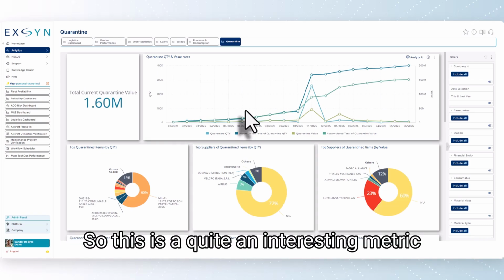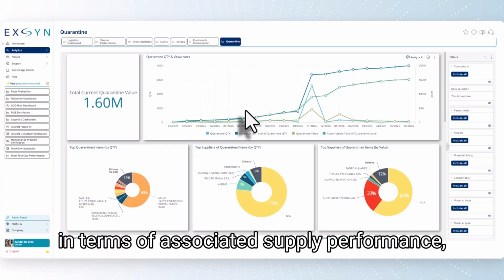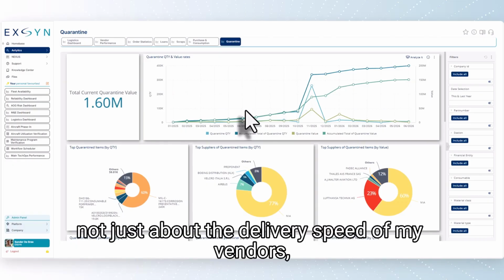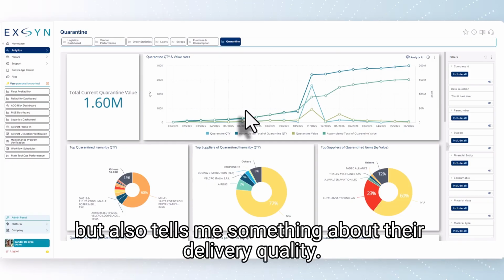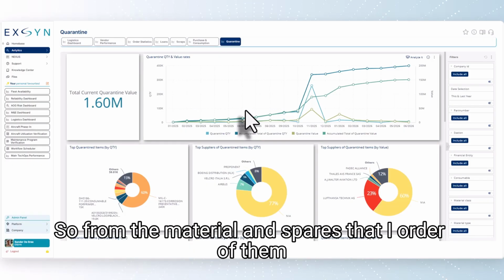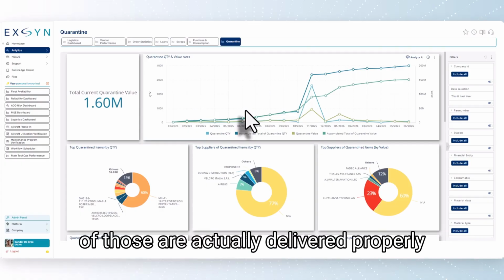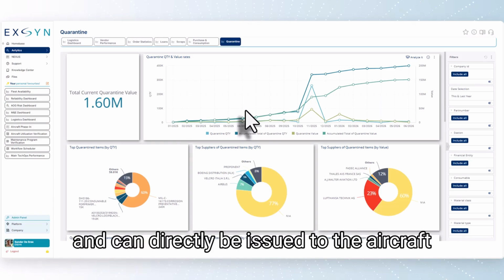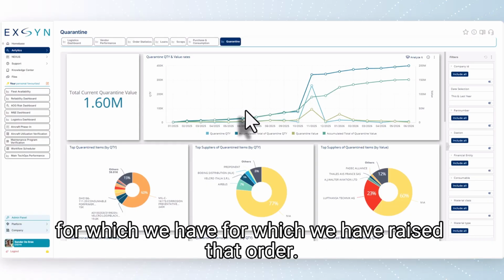So this is quite an interesting metric in terms of associated supply performance, because as an airline technical organization, this tells me something not just about the delivery speed of my vendors, of my suppliers, but also about their delivery quality. So from the material and spares that I order of them, how much of those are actually delivered properly with all the associated certificates without any damages, and can directly be issued to the aircraft for which we have raised that order.